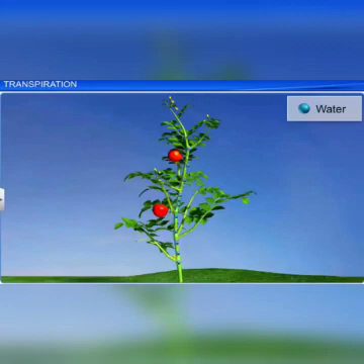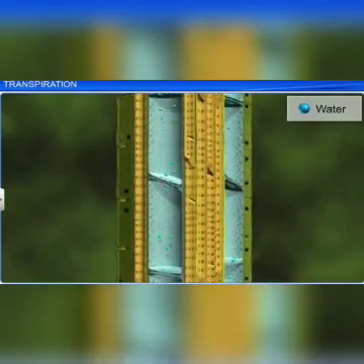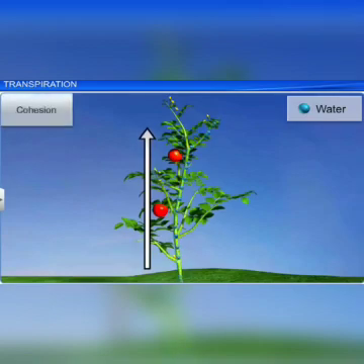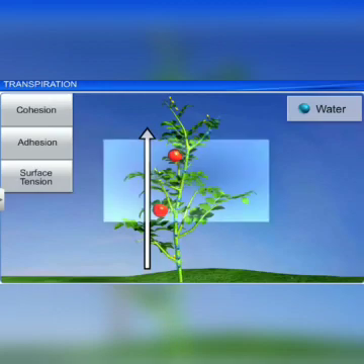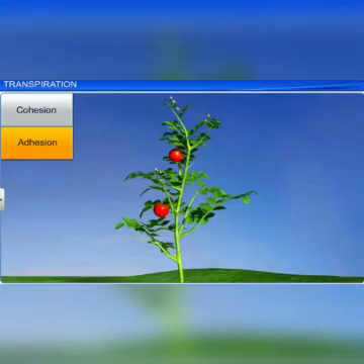Transpiration from stomata causes a pull that causes the upward ascent of water in xylem cells. This transpiration pull is made possible by three physical properties of water: cohesion, adhesion, and surface tension. Cohesion is the mutual attraction between water molecules.